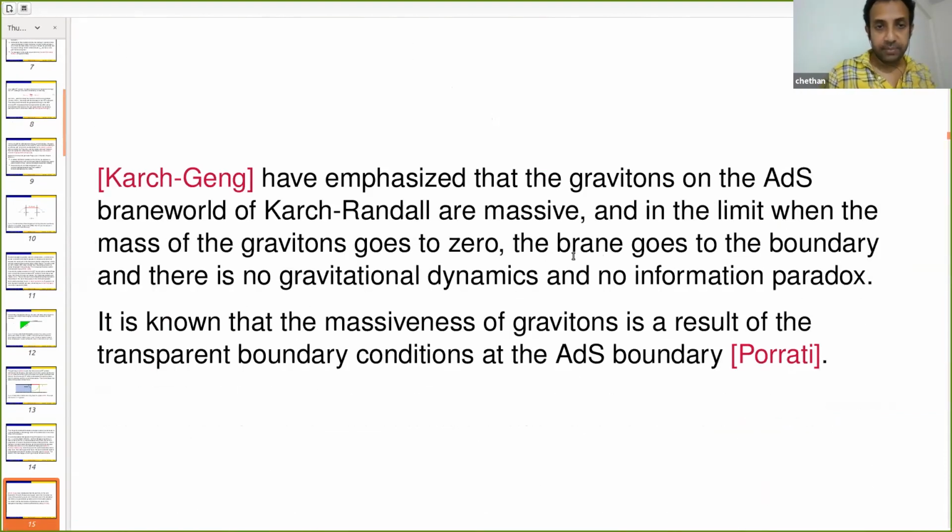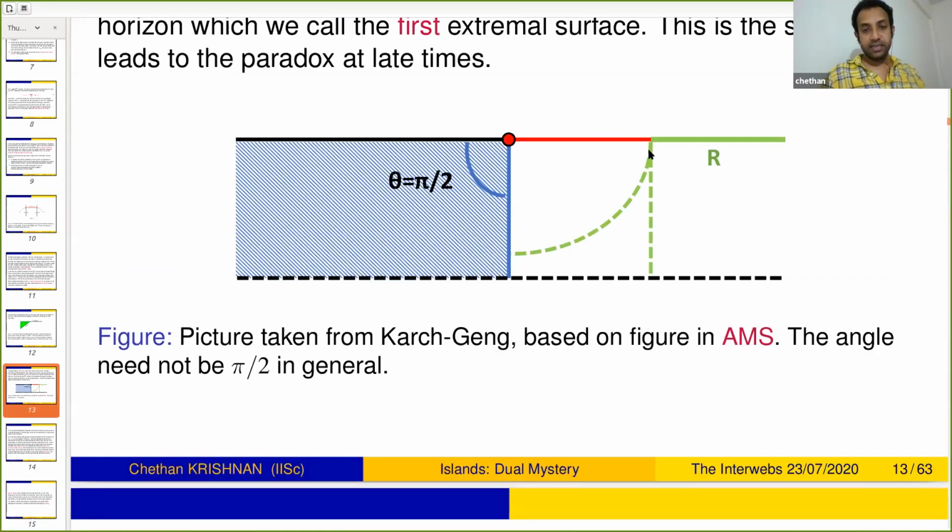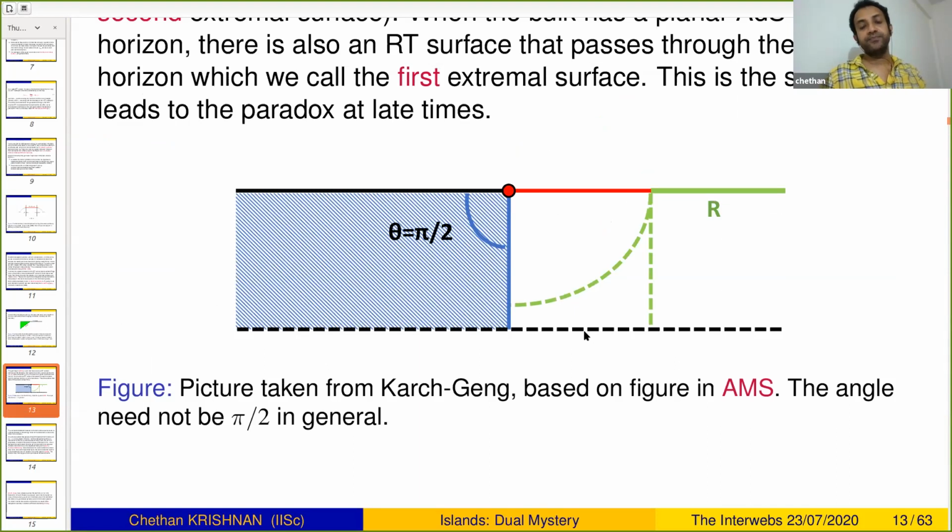So this is the point that I kind of want to get into, which is that when you have a brane world system like this, the gravitons here are massive. The gravitons on an AdS brane world, with a transparent boundary condition, have been shown to be massive.